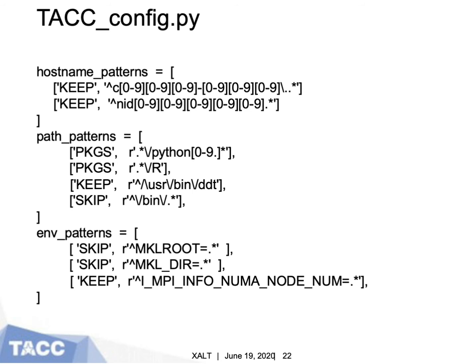Path patterns say these are the kind of executables I want to do something about, and I'm going to ignore the rest. So in this case, I'm going to try to keep people that use DDT, but I'm going to skip everything that's in /usr/bin.